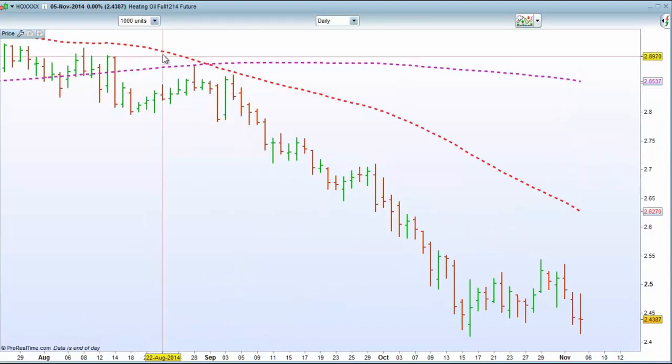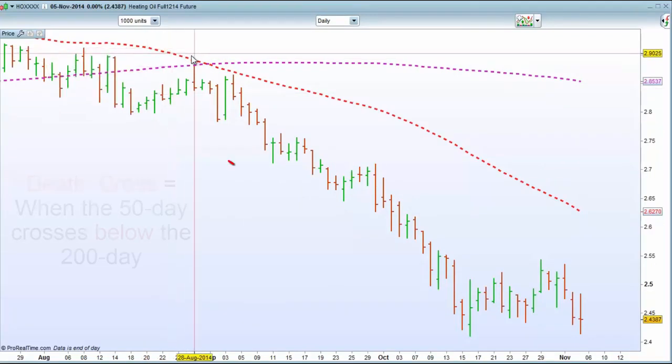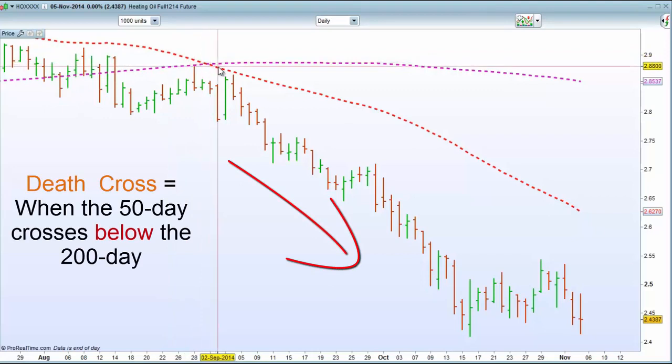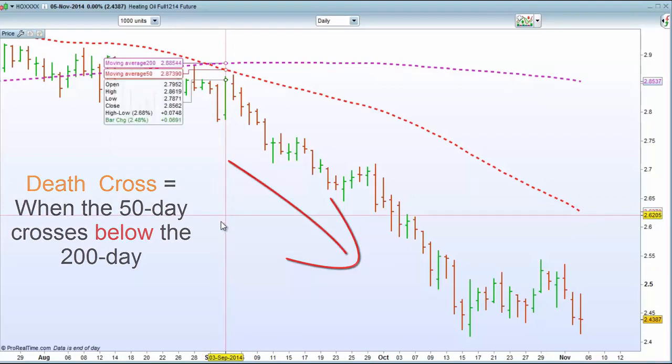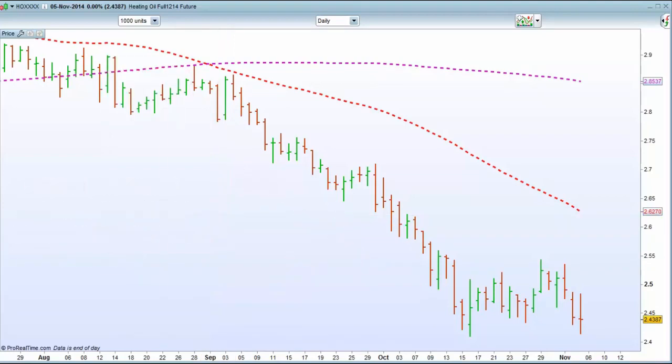The opposite of the golden cross is the death cross. When the 50-day moving average crosses below the 200-day moving average, which happened here in our example, that is called a death cross. Those two terms only apply to the crossover of the 50-day and the 200-day moving average. They're watched by many traders, analysts, economists. So when you hear that term, now you know what it means.